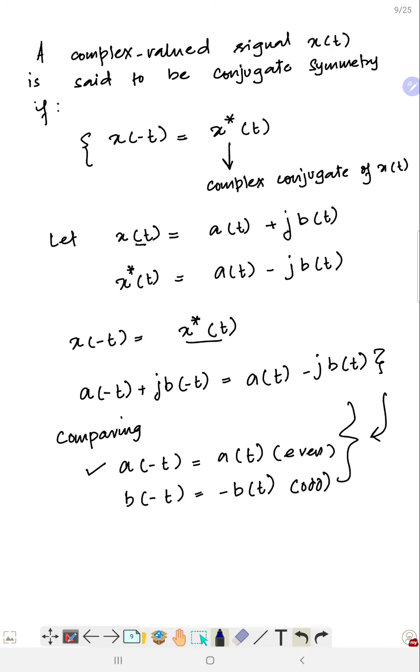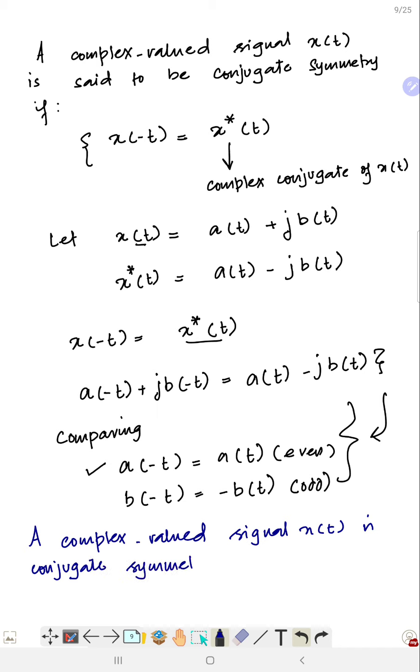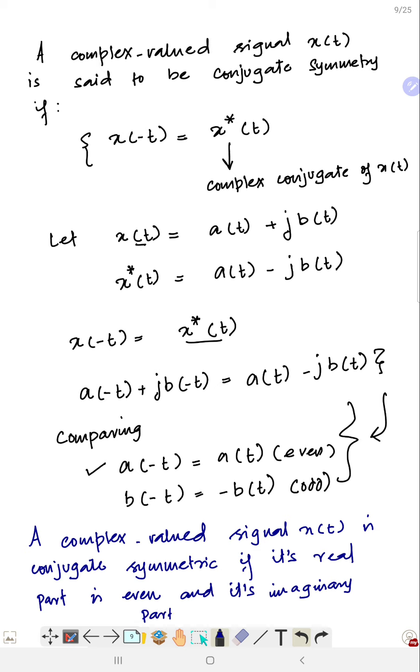So a small generalization here: a complex valued signal x of t is conjugate symmetric if its real part is even and its imaginary part is odd.